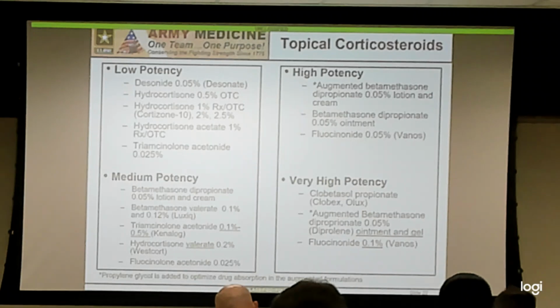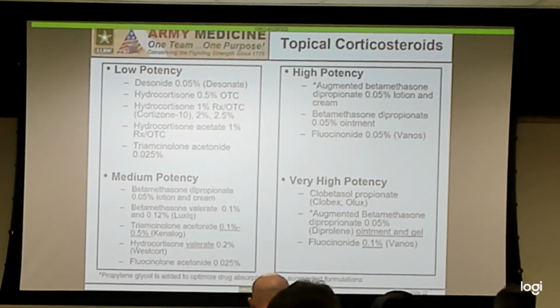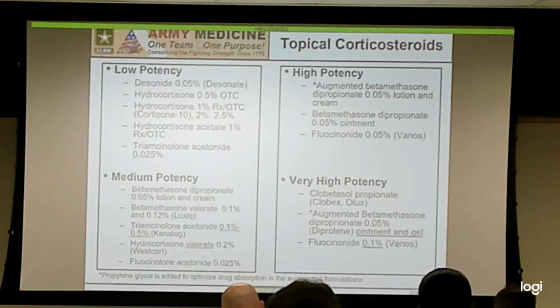Versus just looking at your low potency, all of those for the most part are creams. And then when you get to medium potency, now we've added lotion. And as we get to our high, you have more ointments, and our very high is our ointment and our gel. They stay on the skin longer, so they're delivering that medication longer, and therefore the potency of it has changed. It's all about how they did the formulation.